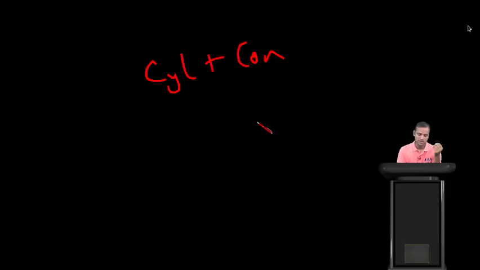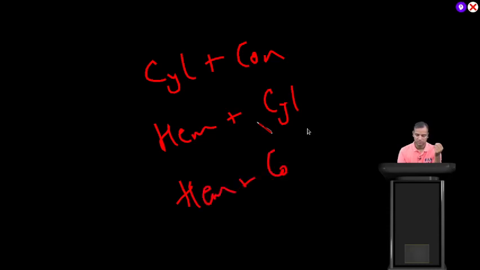So in our previous classes, we already studied the surface area and volume of some combinations of solids. I think you already studied the combination of cylinder plus cone, then hemisphere plus cylinder, then hemisphere plus cone.